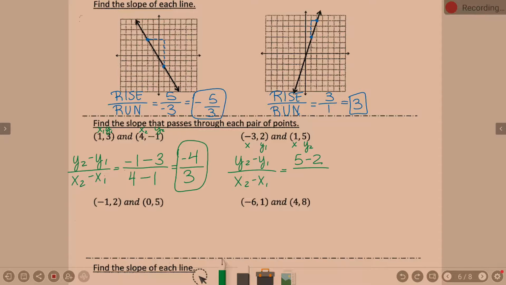Then, since I started with the y of 5, what x do I start with? 1 minus negative 3. 5 minus 2 is 3. 1 minus negative 3 is 4.